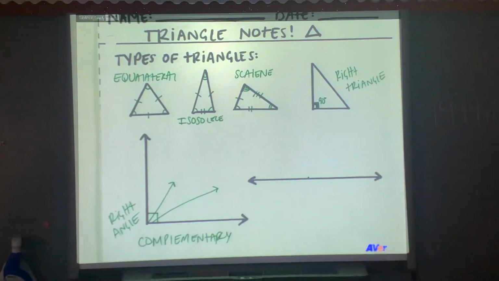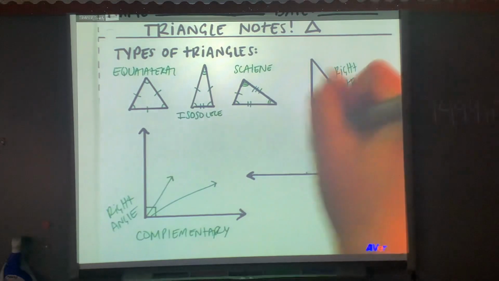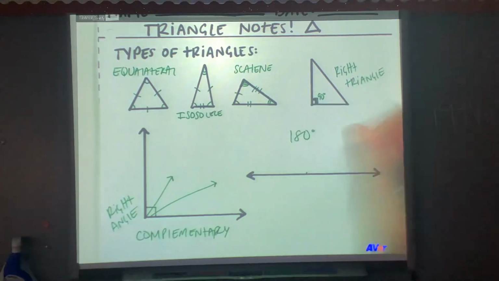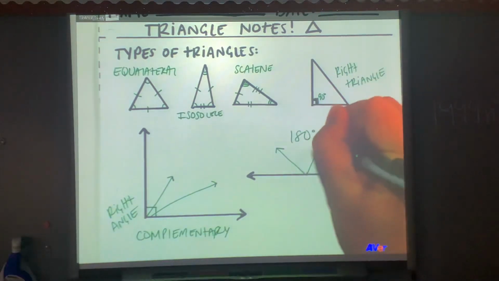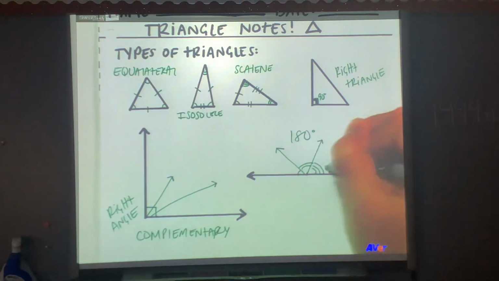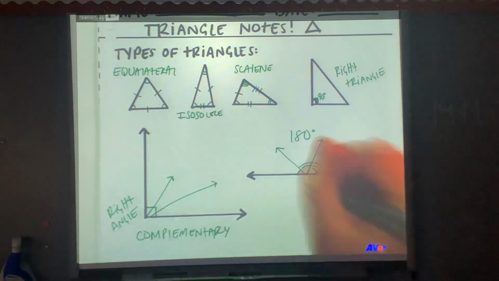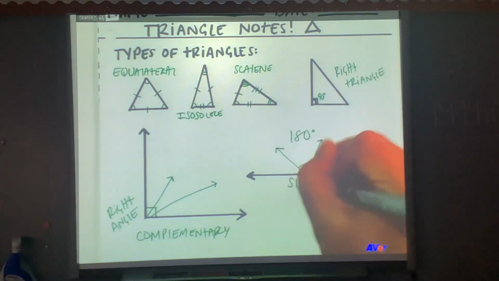Anytime you have a straight line just like that, it totals out to 180 degrees. And anytime you have multiple angles connected here, let's say that all these angles are of different sizes, but yet they all added up to 180, these angles are called supplementary.